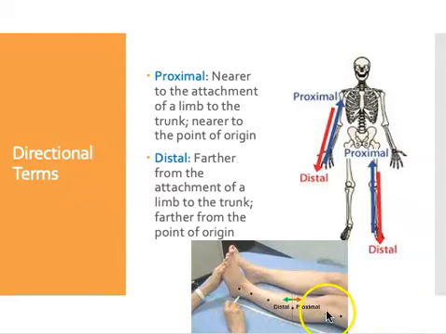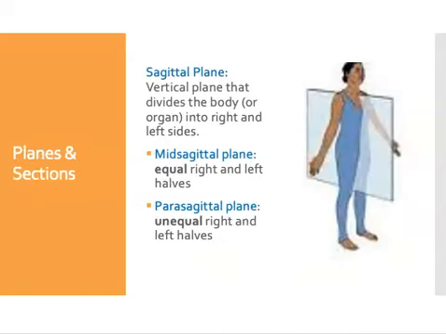So you would say that this point is proximal to this point because this first point is closer to the point of attachment, or closer to where the leg attaches to the trunk of the body, and this point is farther away. So we use proximal and distal when we're comparing two structures, often on one of the limbs. So those are our directional terms.